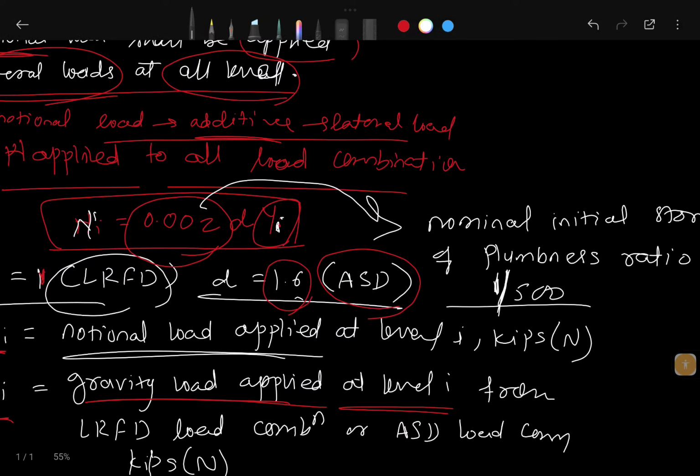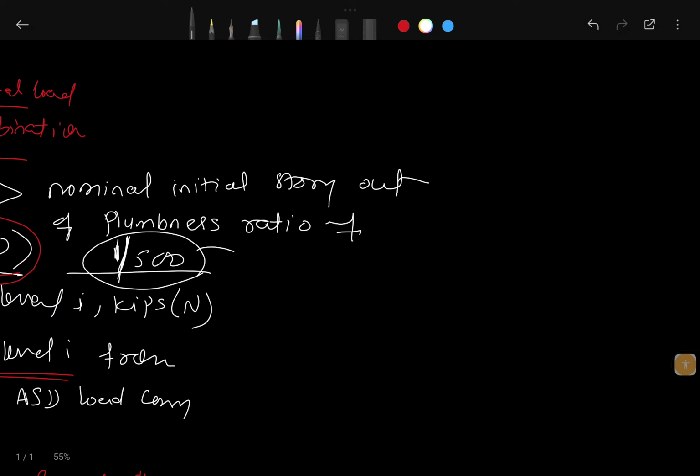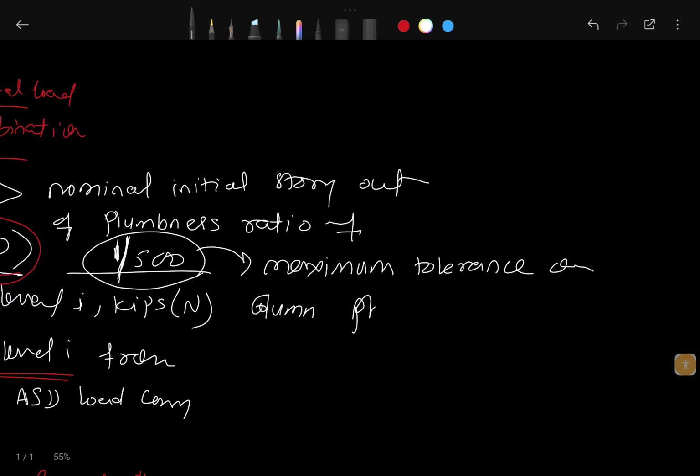The out-of-plumbness of 1 by 500, AISC also gives why they use 1 by 500. This out-of-plumbness of 1 by 500 represents the maximum tolerance on column plumbness.